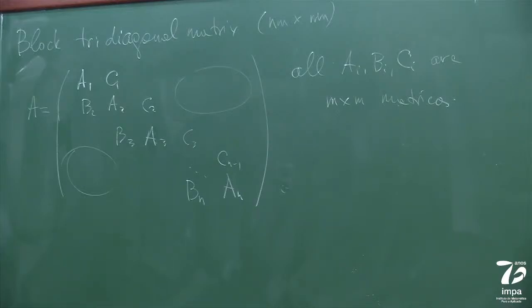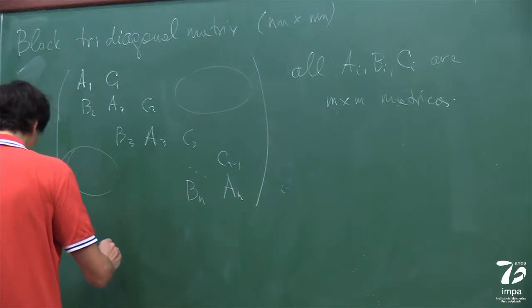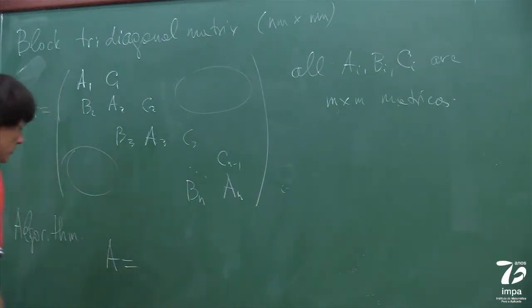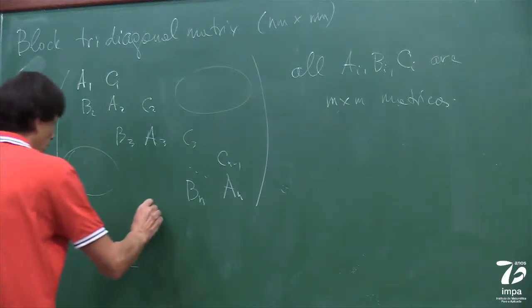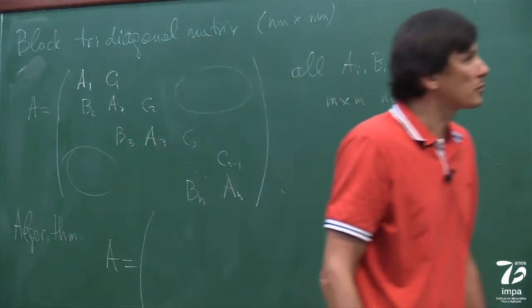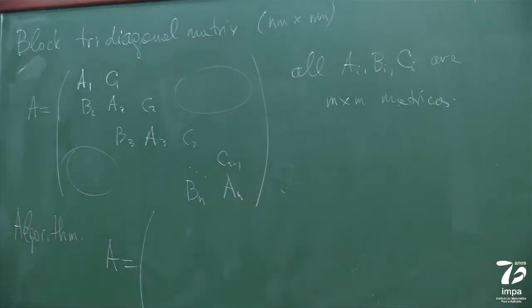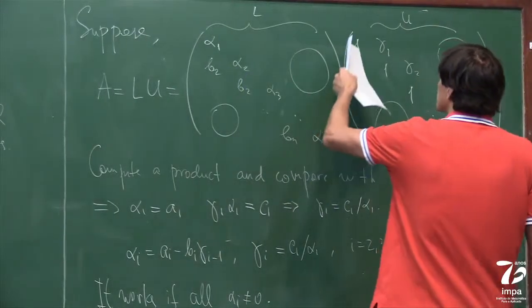by LU decomposition. So what you do, so the algorithm is similar. So take the LU decomposition, already guessing the right form, and it will be the same decomposition as here, but now these should be matrices, right?